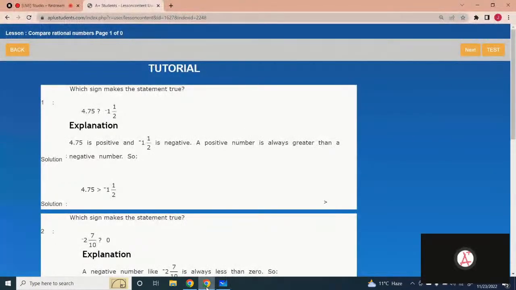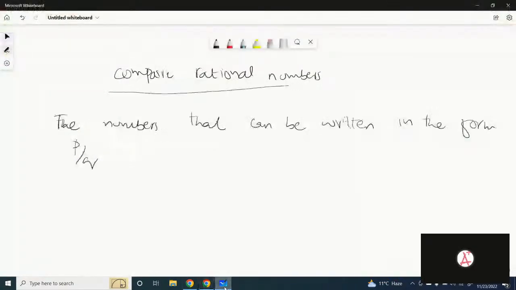Which sign makes the statement true? 4.75 and negative 1 whole 1 over 2. Which is greater? Which sign do we need to put? Is 4.75 greater than negative 1 1/2 or smaller?